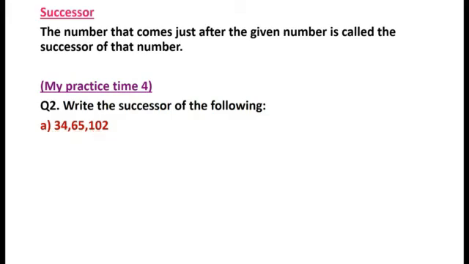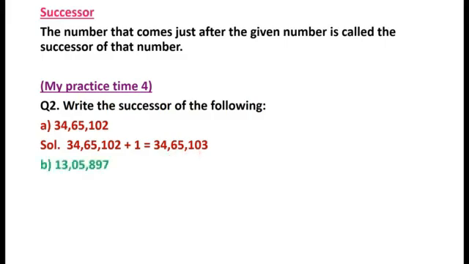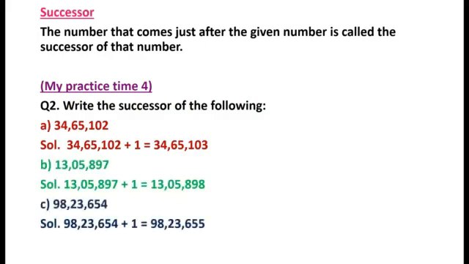You need to find the successor of this number, and for that you need to add 1 to the given number, and when you add 1 you get the successor as 34,65,103. The second question also you can see here, and the third one also, we are following the same thing children. To the given number we are adding 1 to get the successor. In this one also we are adding 1 to get the successor.